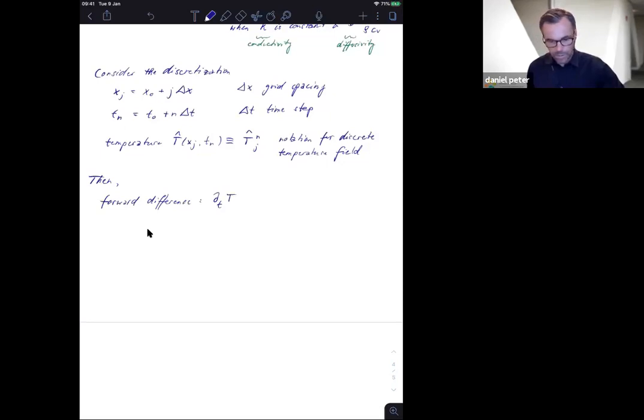So our time derivative now at position j and n is approximated as T n plus 1 j minus T n j divided by the time step delta t.